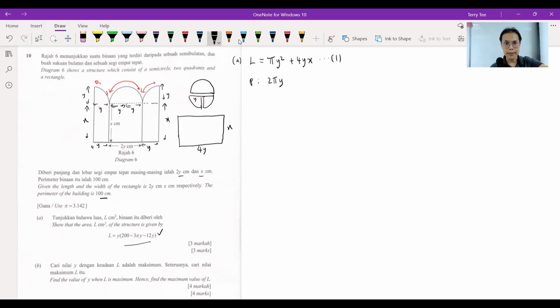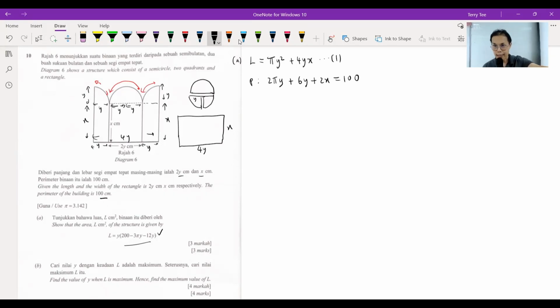Then you add this side here. You can see this side, you have 4y, this is 4y. Add 2 more y on the side and 2 more x on the side. So, can I write 6y straight away? 6y plus 2x, and your perimeter is 100.